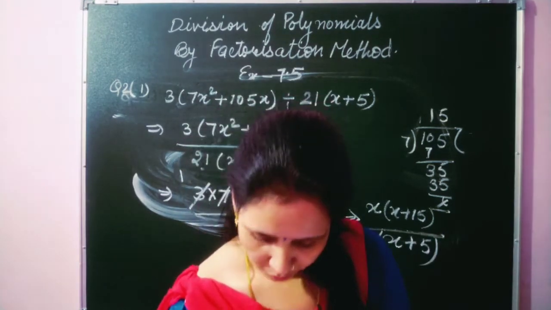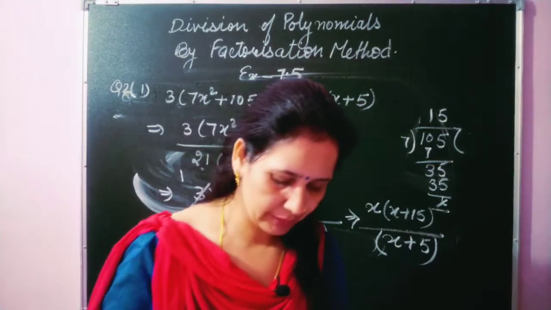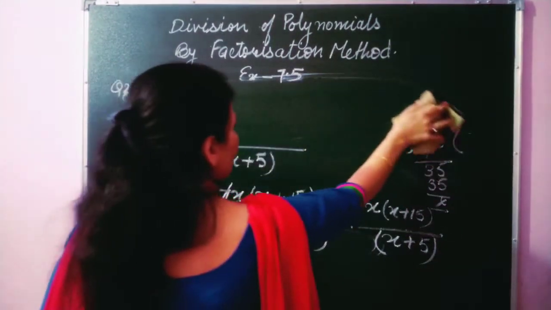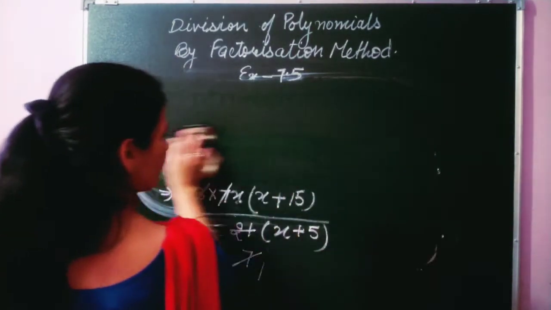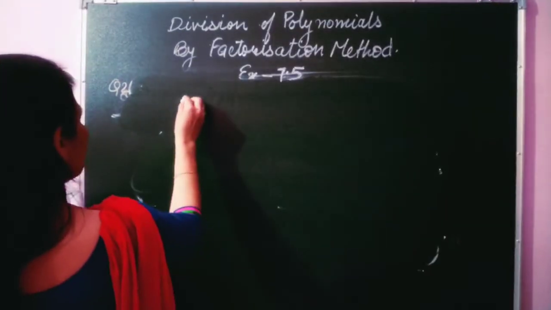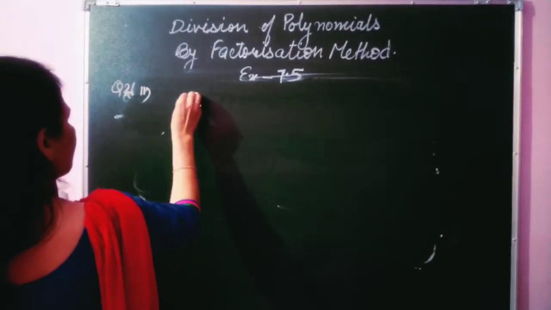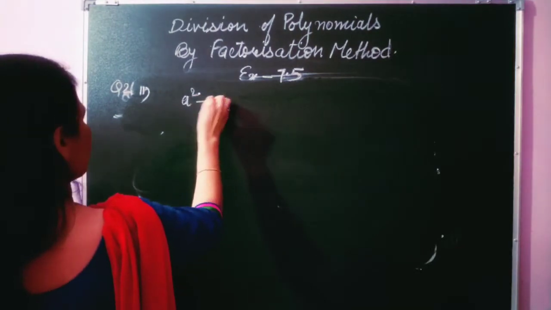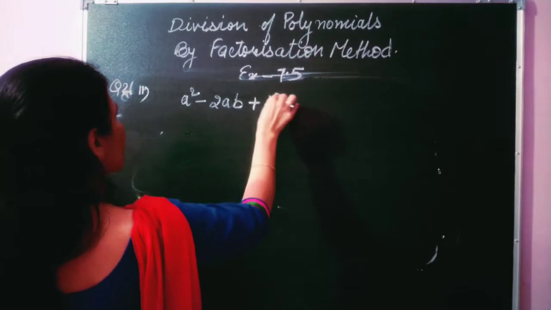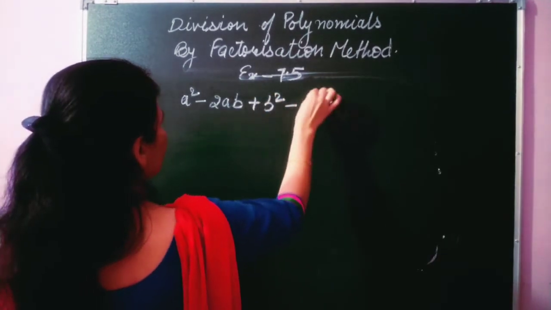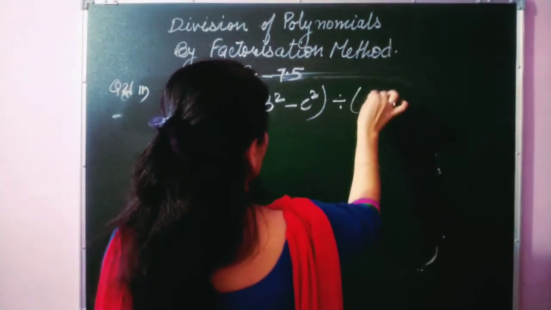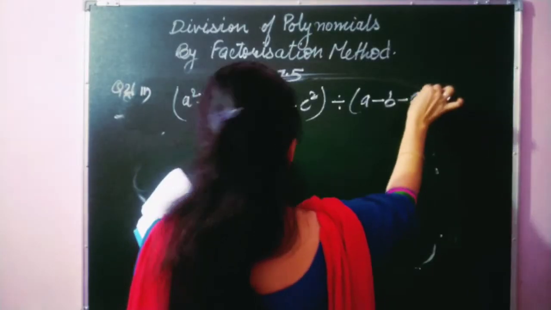Now I'm going to solve its second part, because the second part is a little bit different. In the second part they have given a square minus 2ab plus b square minus c square divided by a minus b minus c.